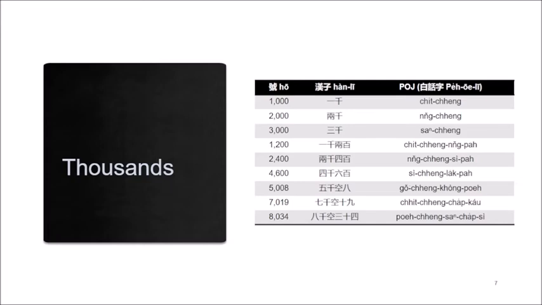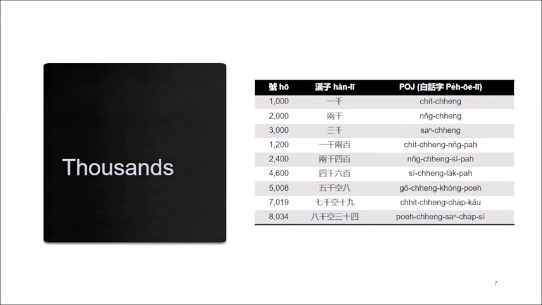This is because it is already generally understood that the last digit that will be said is the one right after the previous digit, which is in this case the hundreds. So again, we have nong chiang si, or si chiang lak.